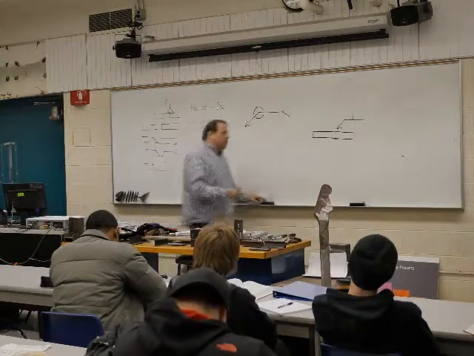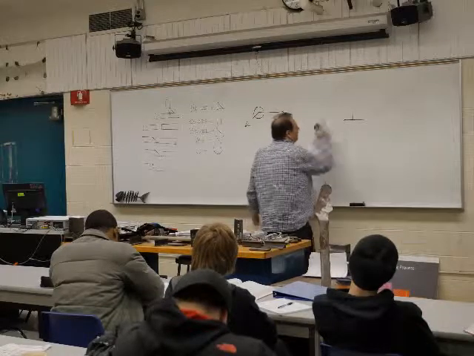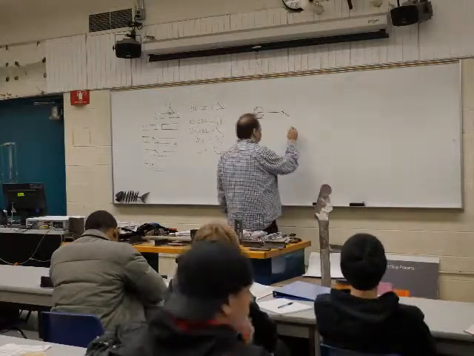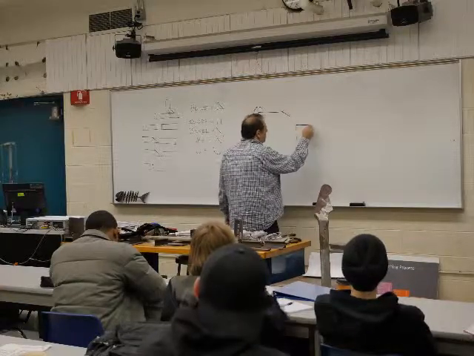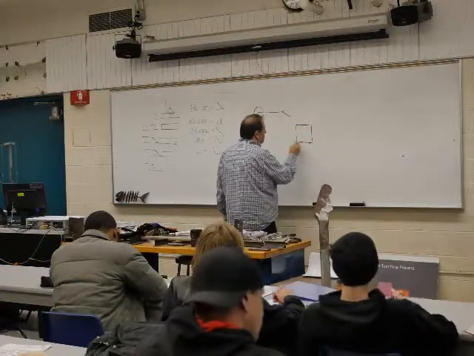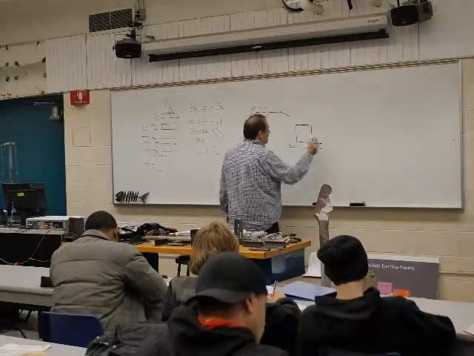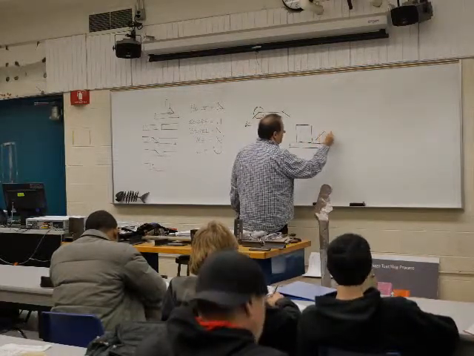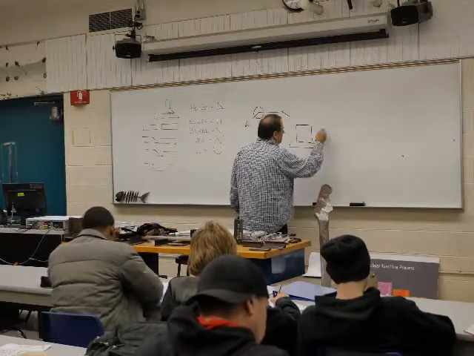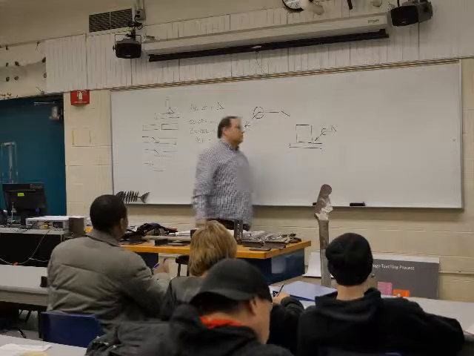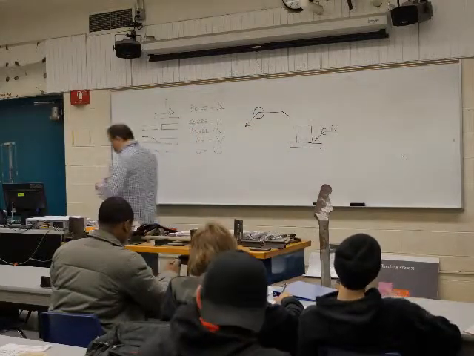Now, I'll just illustrate the point. This is a really, really simple one, and you'll probably pick up on it pretty fast, but not everybody does. Okay, so what do we got?